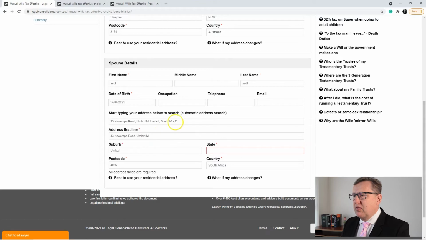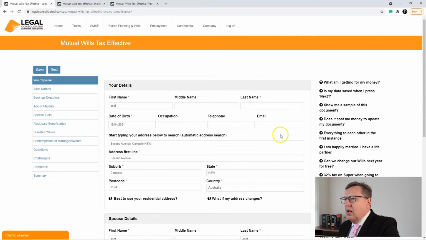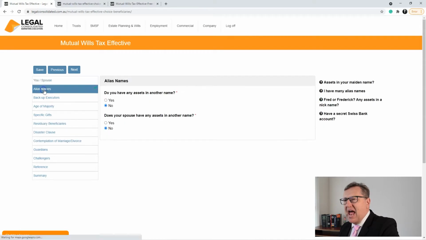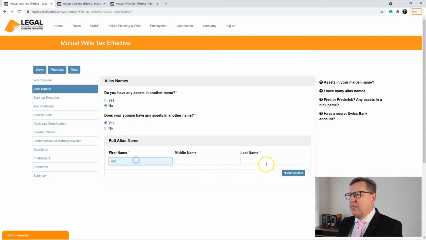South Africa's probably not the best spot. Let's make it. Now, let's talk about the alias name. If mum has assets in another name, like a maiden name, then she'll put that maiden name in, also known as.